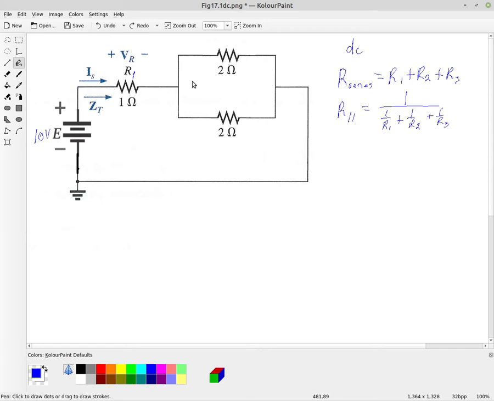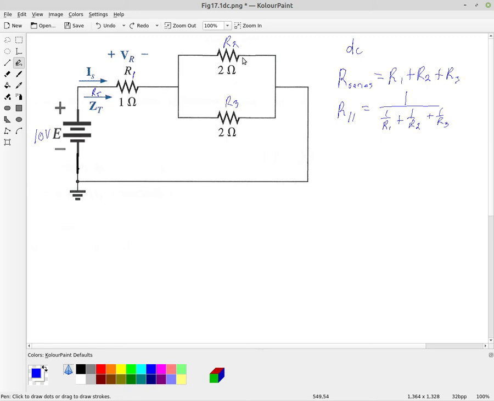The current's then going to split, and we're going to have two other resistors, R2 and R3. And so what we want to do is find the total impedance, which in this case is simply resistance. So we're going to be finding our total, which is the total impedance of the circuit.